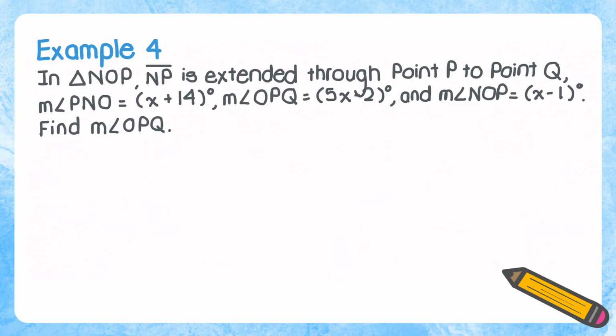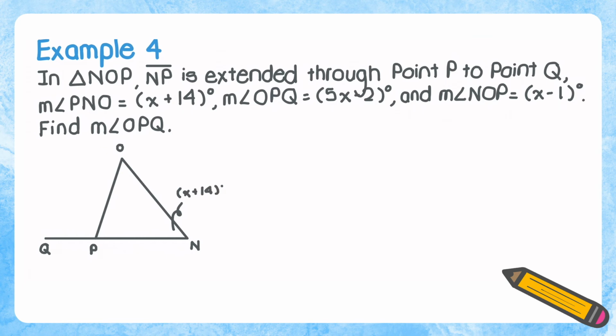Let's start off by drawing the triangle. So here's the triangle. Let's label it NOP. And side NP is extended to a point Q. So here's our basic setup. Now let's label each angle. So the measure of angle PNO, this one right here, is x plus 14 degrees.